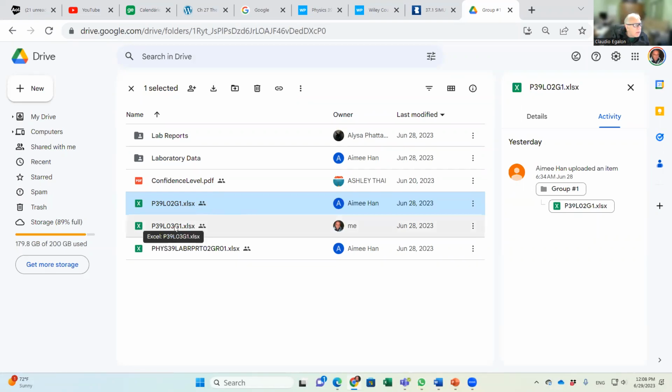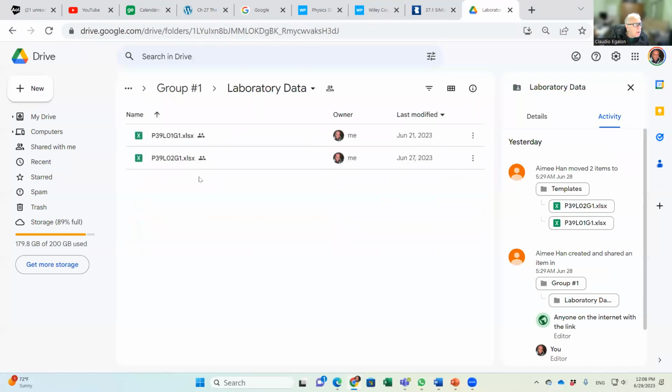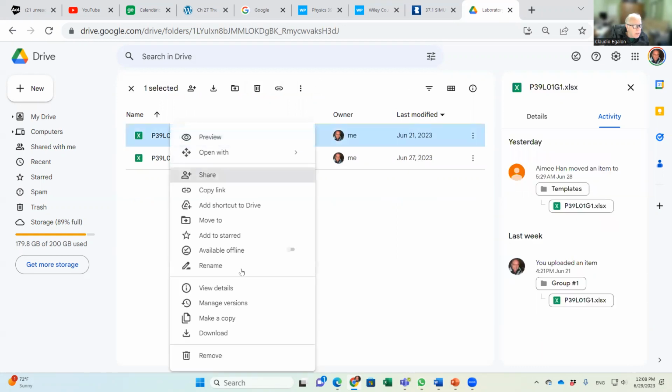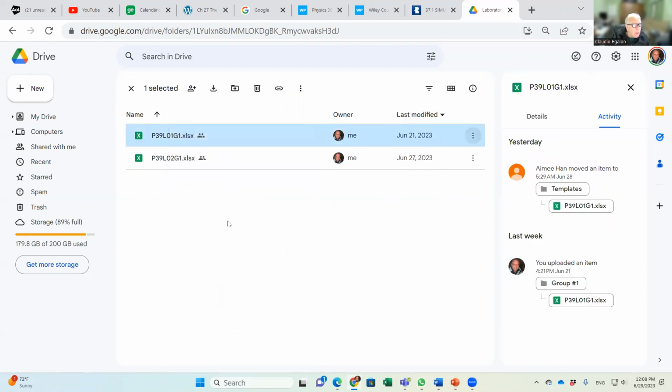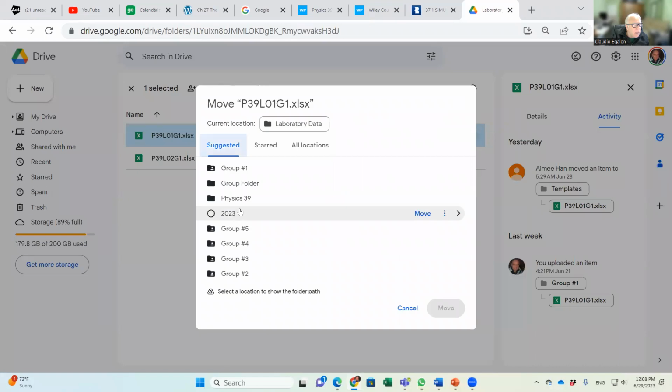Now I don't see lab one here for group one. Lab report must be here. Okay. Let's move that outside. Move to group one.